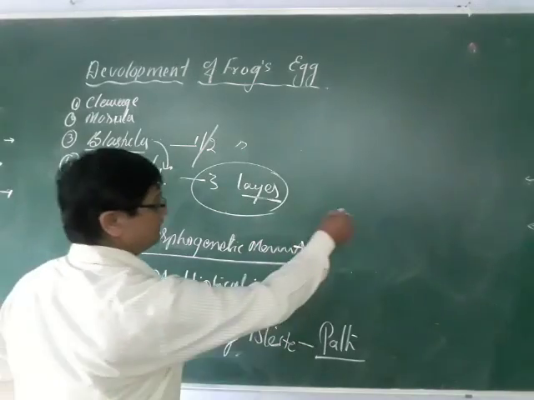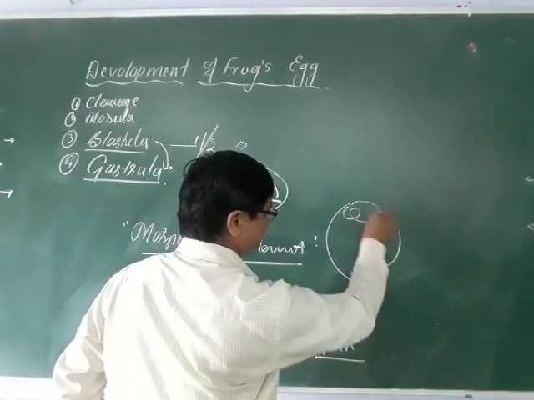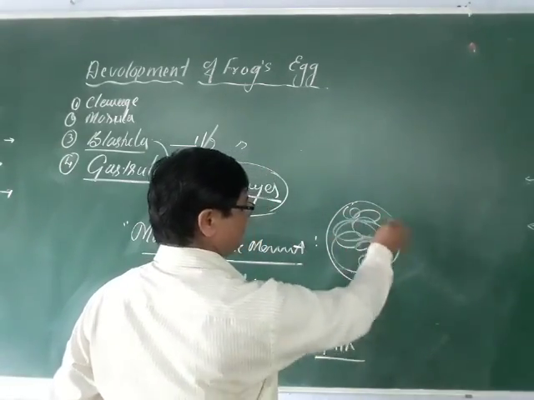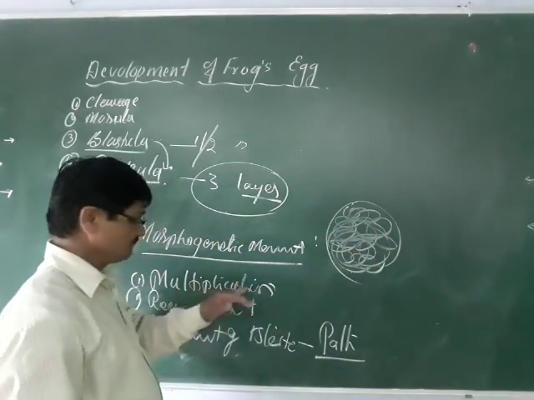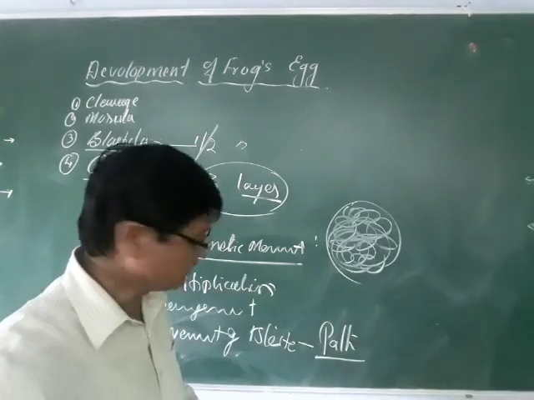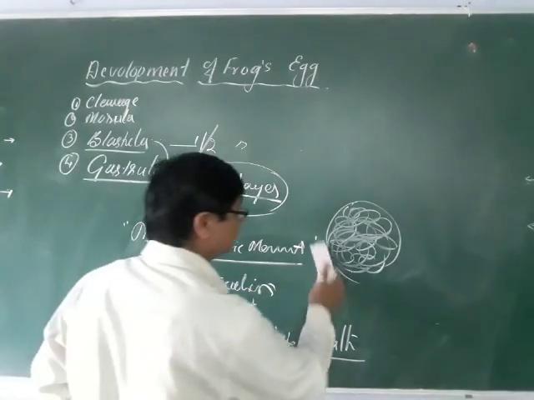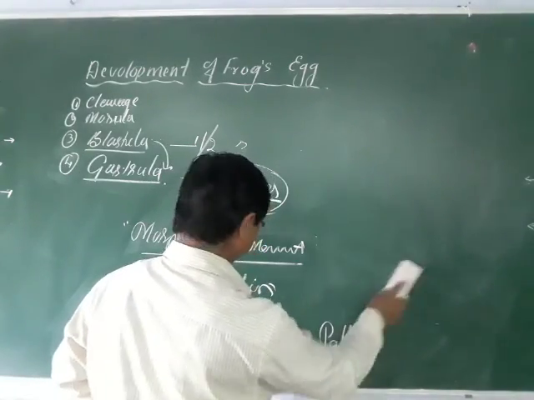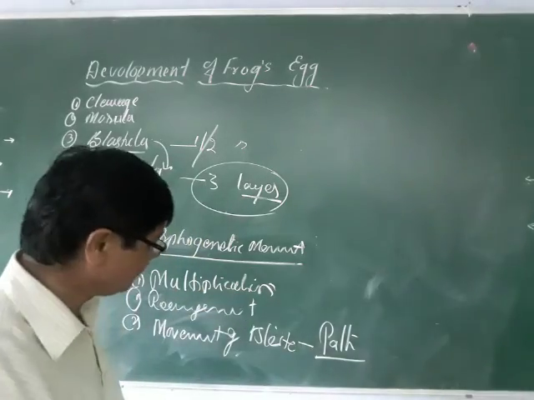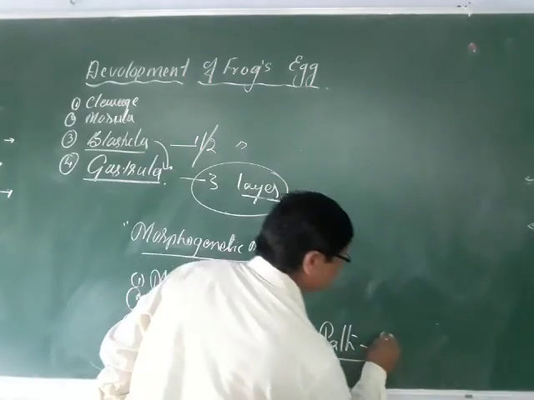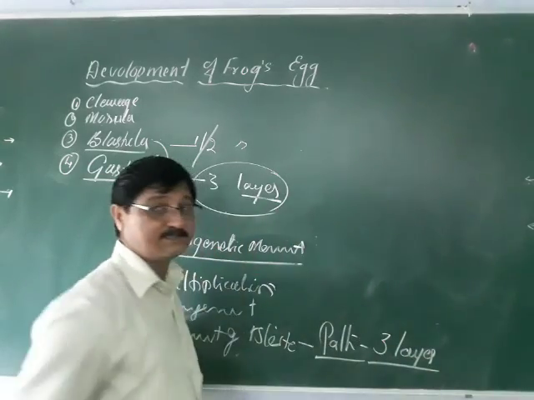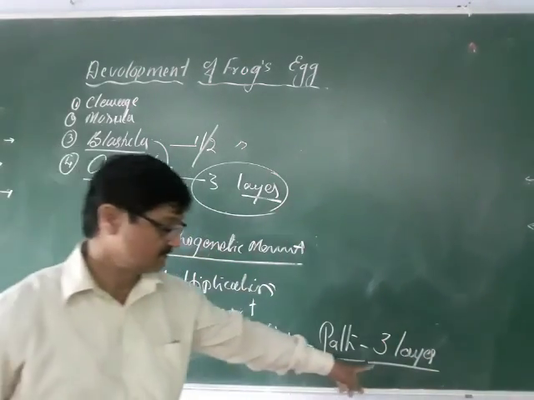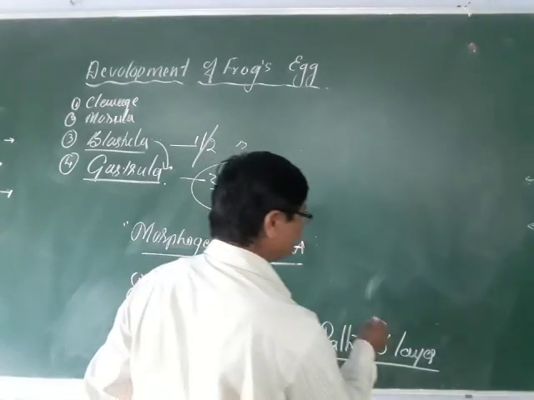So what happens here, if you consider this is the blastula, continuous division takes place and results in a large number of cells, the blastomeres develop and the rearrangement takes place, and the movement of blastomeres in a specific path results into three layers. So these are called the germinal layers. What are these three germinal layers?